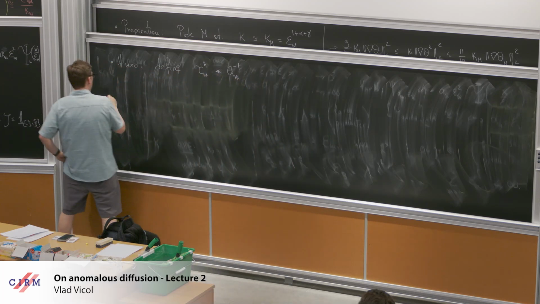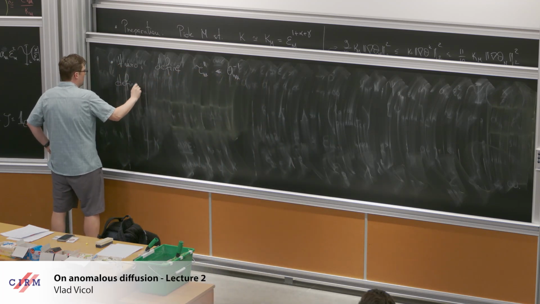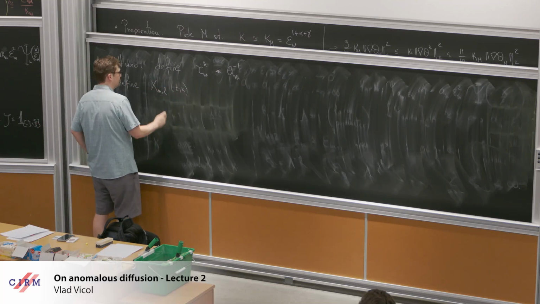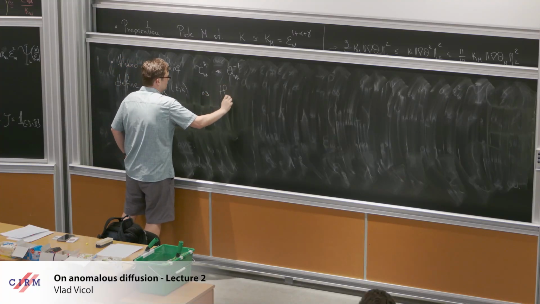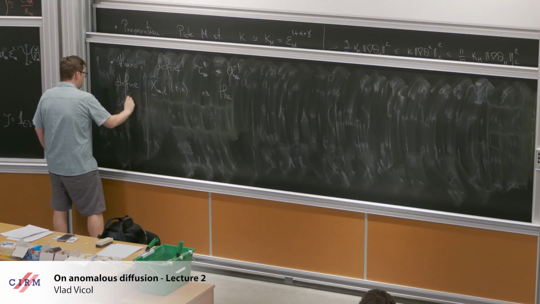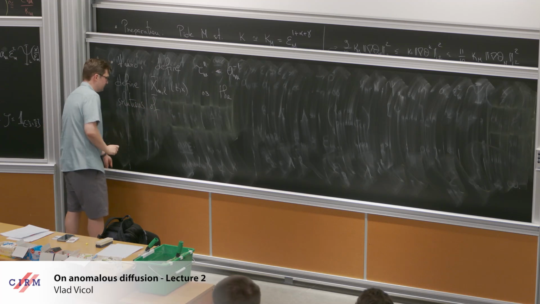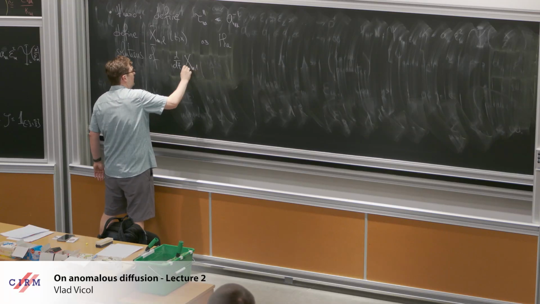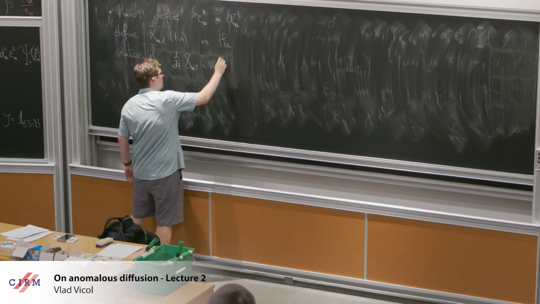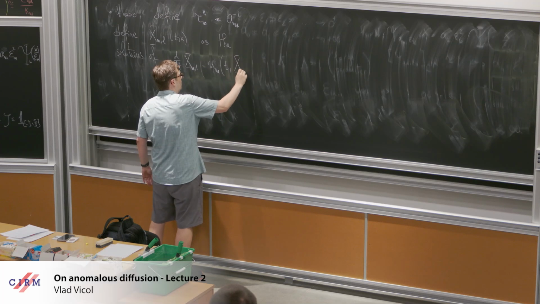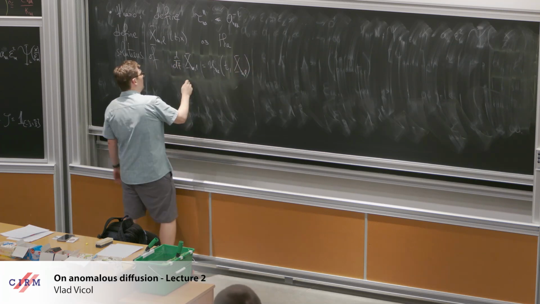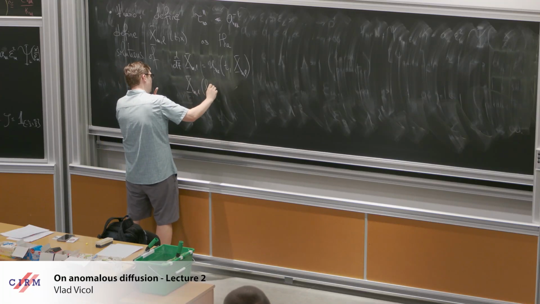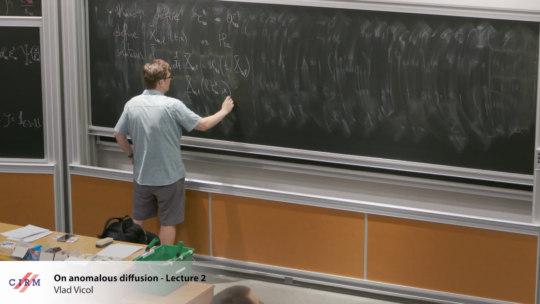And now define x m l of t and x as the solutions of d by dt of x m l is u m of t, x m l, and x m l at time l times this, comma x, is x.